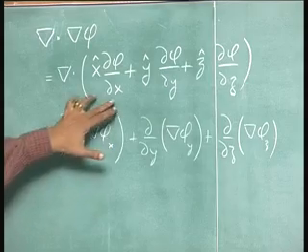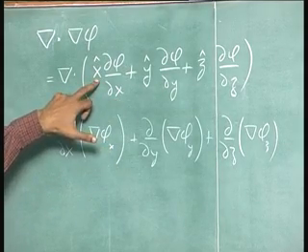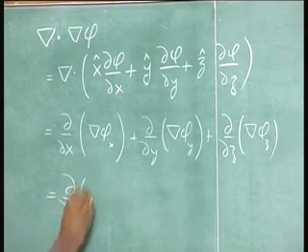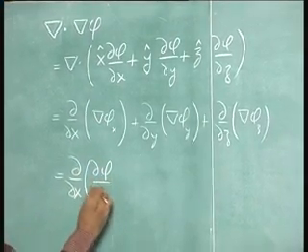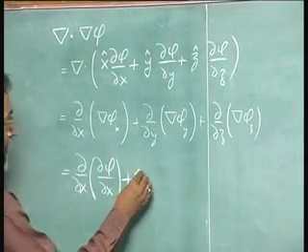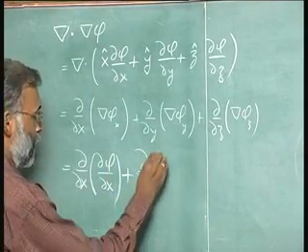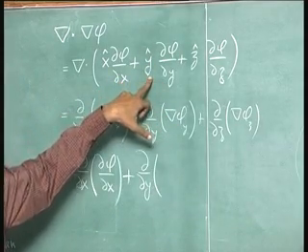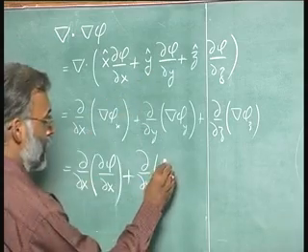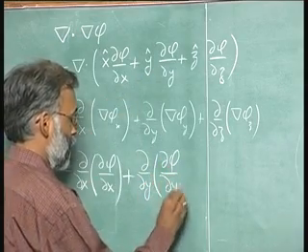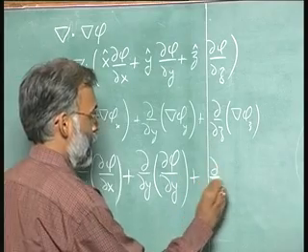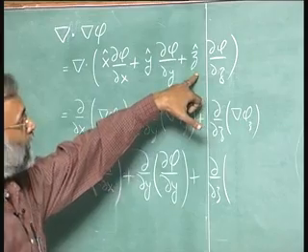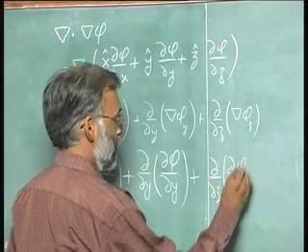Gradient phi along x is this piece that is along x. So, it is equal to del x of del phi del x plus del y of the piece multiplying y hat, del phi del y, plus del z of the piece multiplying z hat, del phi del z.